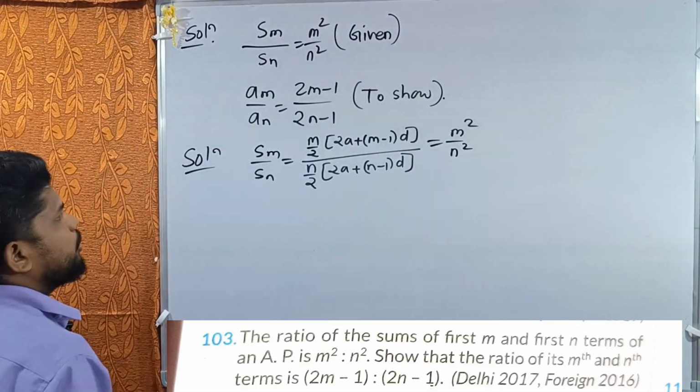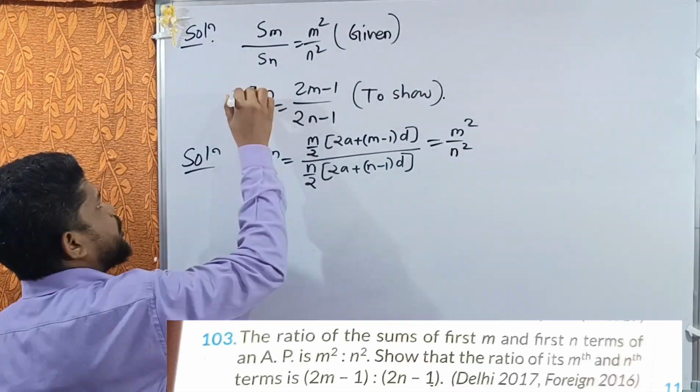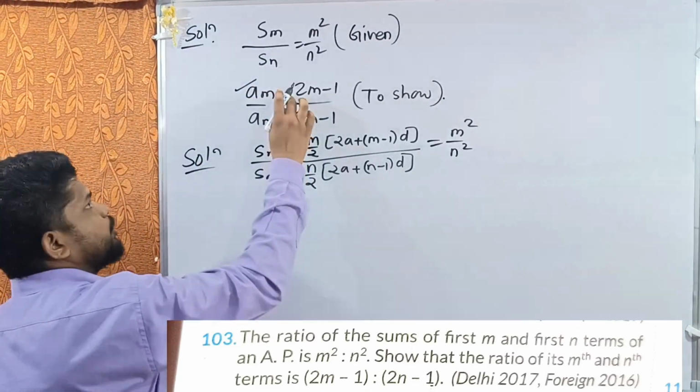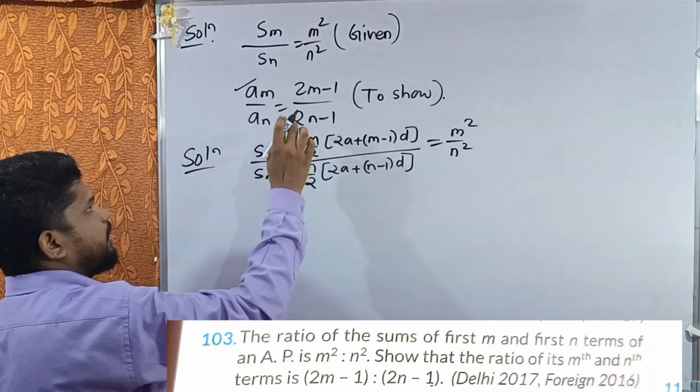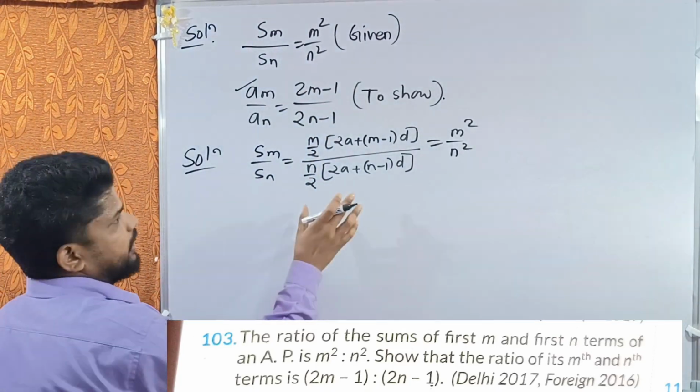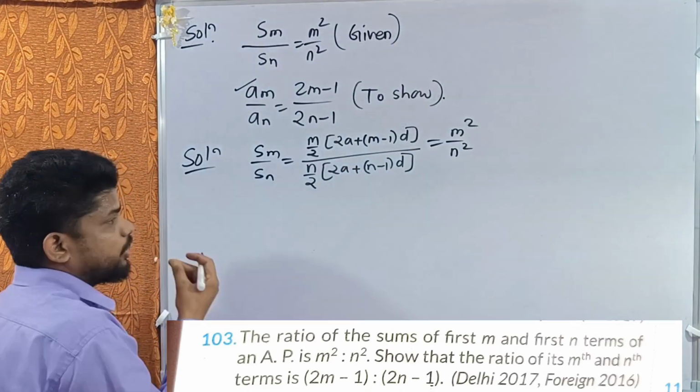We need to show that the ratio of the mth term to the nth term equals (2m minus 1) upon (2n minus 1). So for this, let us do the cross multiplication.